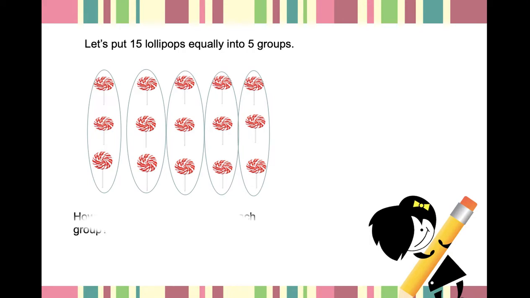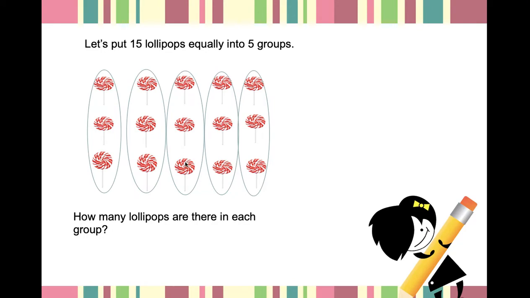Now, how many lollipops are there in each group? Let's count. I take this group first: 1, 2, 3. Let me check another group: 1, 2, 3. Another: 1, 2, 3.